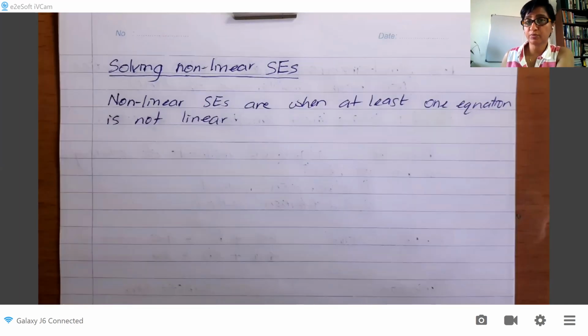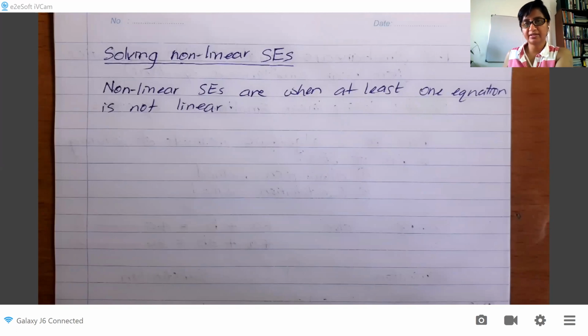That means, now you know what linear means. I have told you. Linear means the power of your unknown is 1. Non-linear means power of your unknown is not 1. Something else like 2 or 3 or whatever, right?